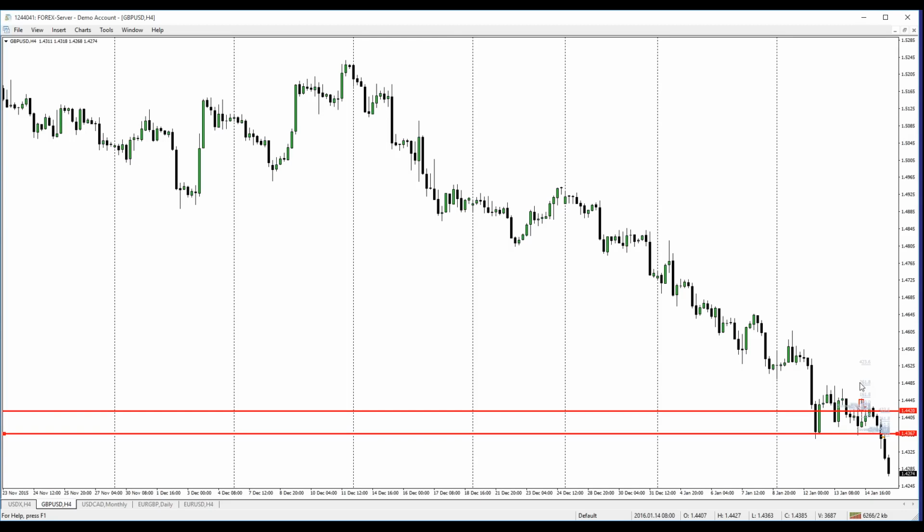Connect euro and British pound. If cable or British pound is dropping in a trending environment and euro is being held, what direction would that indicate, or what would you expect to see in euro pound? What direction should it go, up or down?